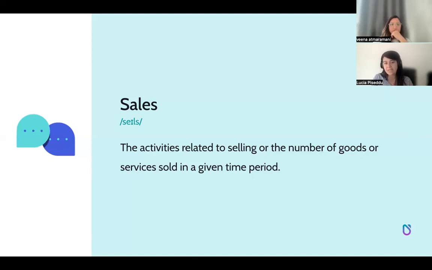What we do in BD is to generate long-term value for the company from markets, customers, and relationships. So not necessarily through selling goods in a specific time frame, but it can be exploring different segments, different markets, creating new value propositions and testing them, exploring new channels, and so on.